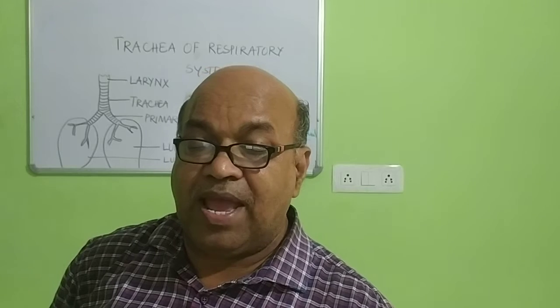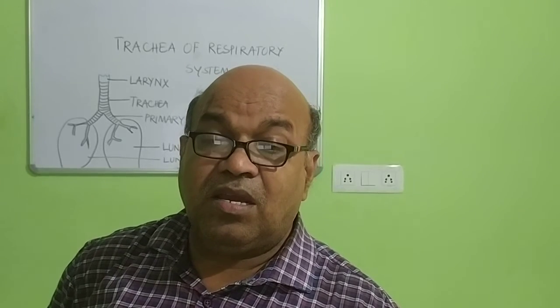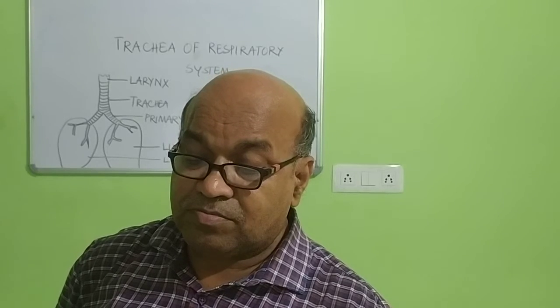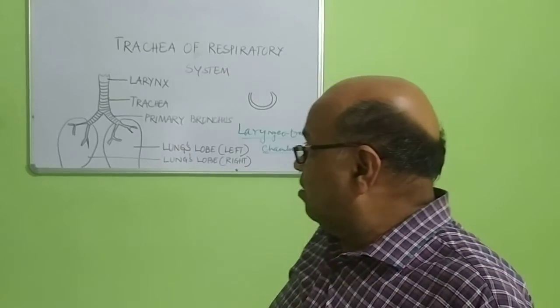A definite trachea is differentiated in the case of Siren, Amphiuma, and Gymnophiona. In these amphibian animals you find a definite trachea. It reaches a length of 4 to 5 centimeters.